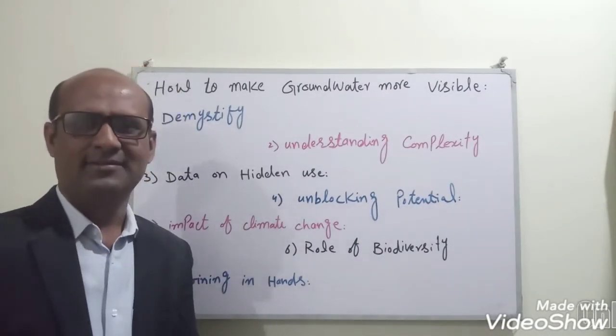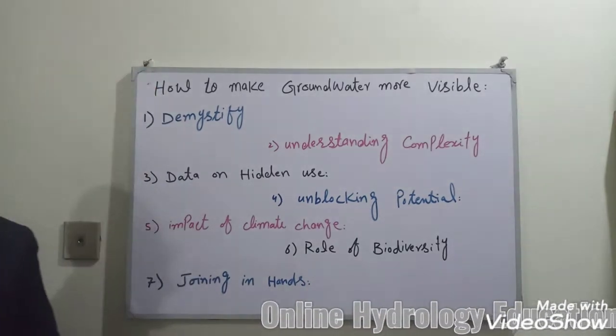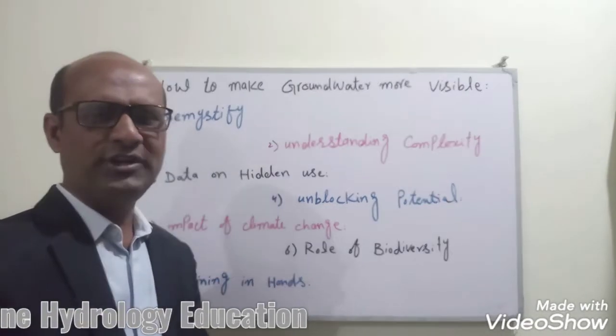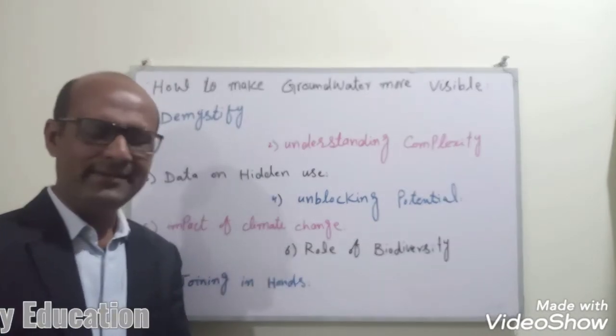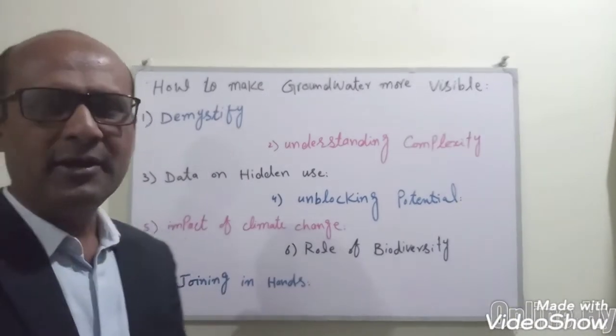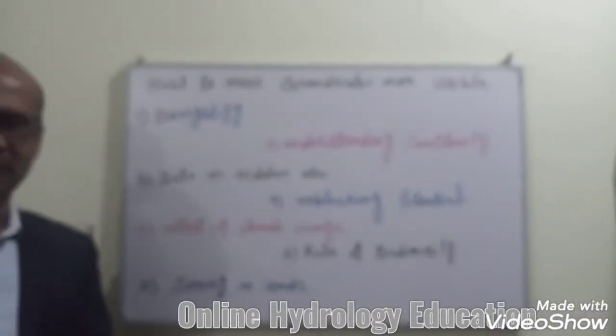When the water is drawn down continuously, then the biodiversity will be affected in both components, quantity as well as quality.